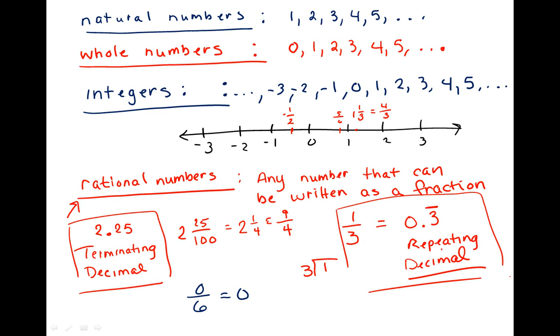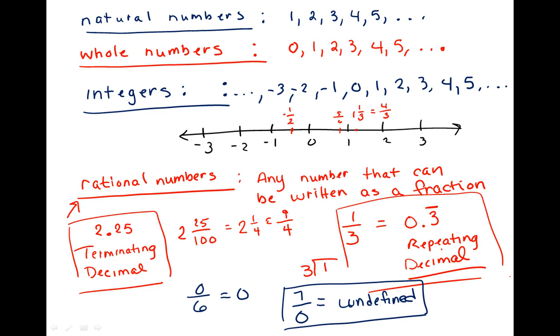If I have the fraction, say 7 divided by 0, this does not exist. This is undefined. You cannot divide by 0. 0 on the denominator is undefined. Okay? So to write 0 as a fraction, the 0 is on the numerator. Okay? This right here is undefined.